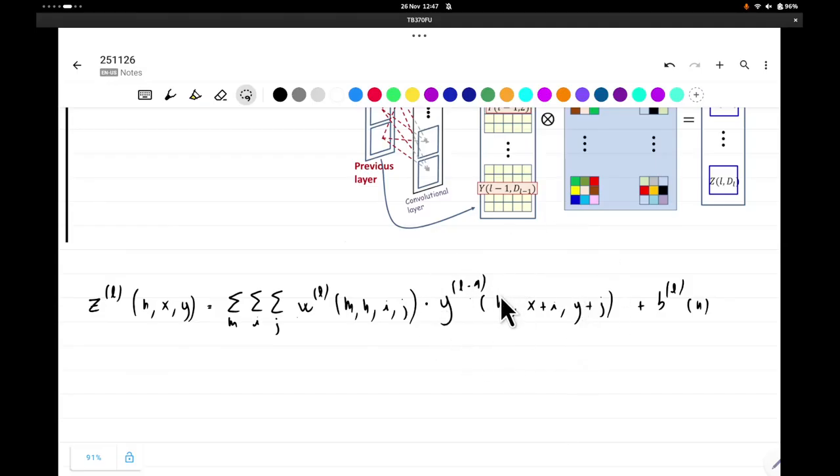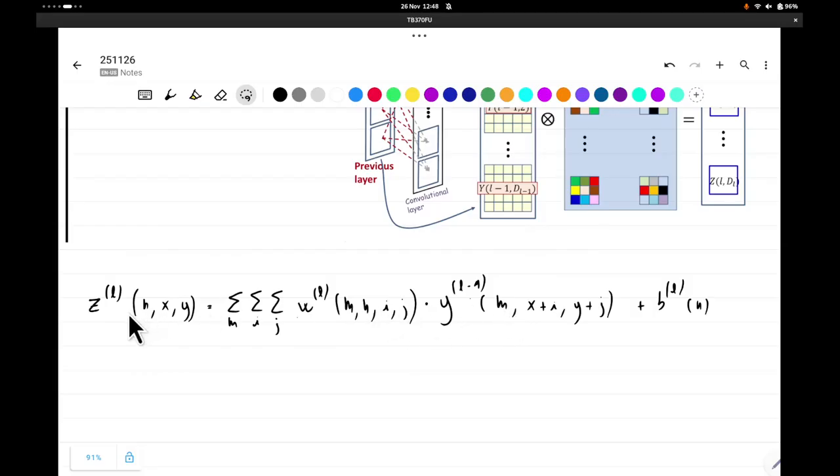Again, m is the index of the neurons of the previous layer, and x and y are the positions, and you are scanning. So then you sum over x plus i, y plus j, and for each of them you have a specific weight.